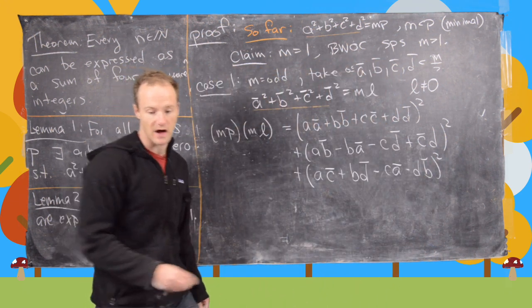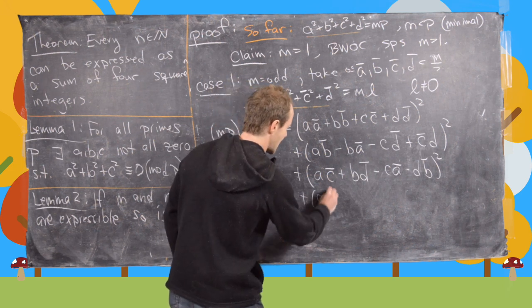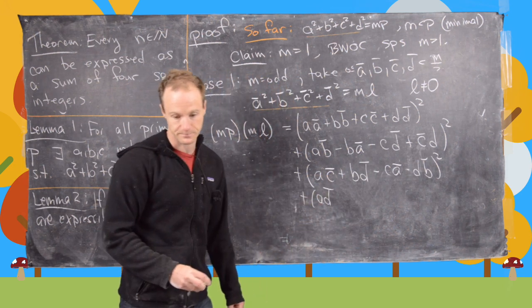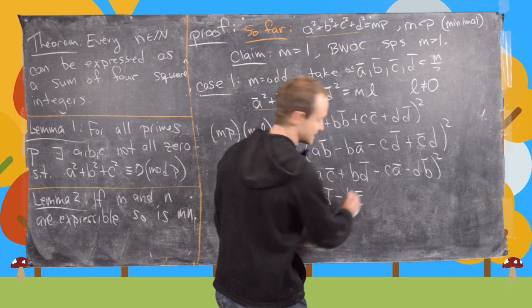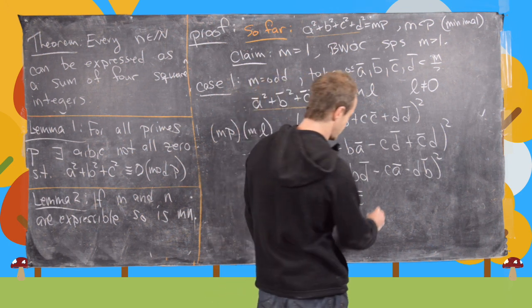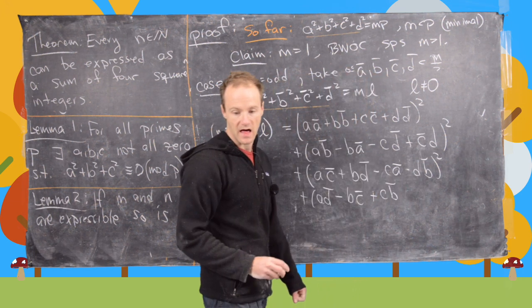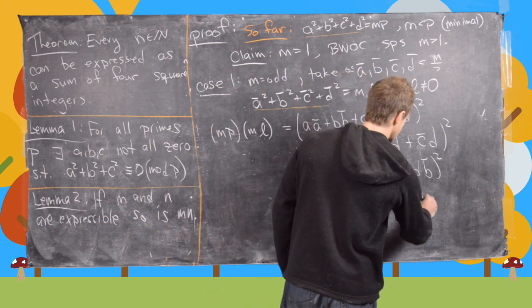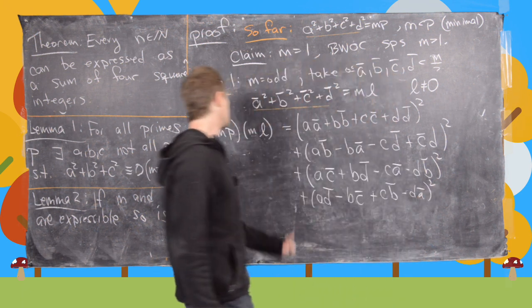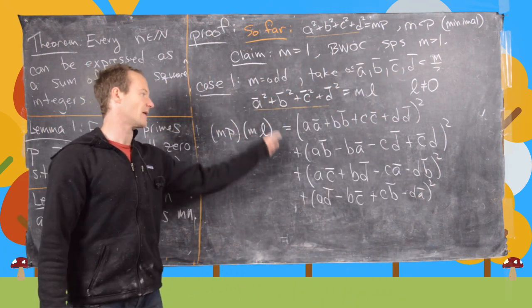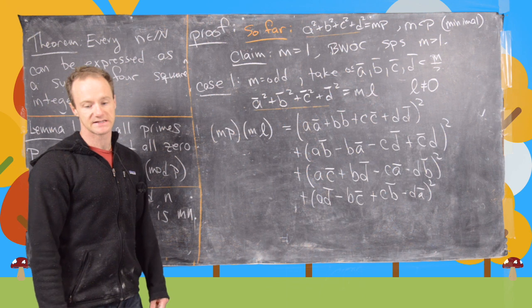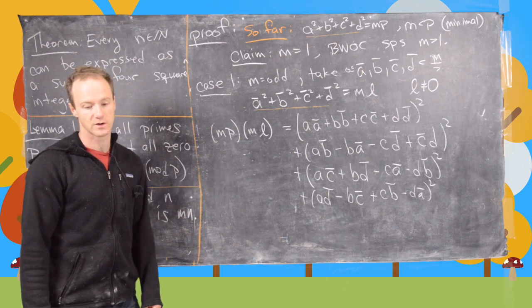And then finally we've got one more term, so that's a times d hat minus b times c hat plus c times b hat, and then minus d times a hat, all squared. So we've taken this mp, this ml, and written their product as a sum of 4 squares.